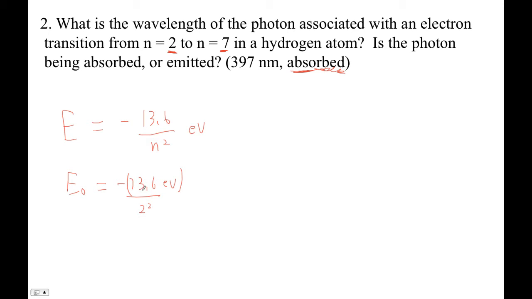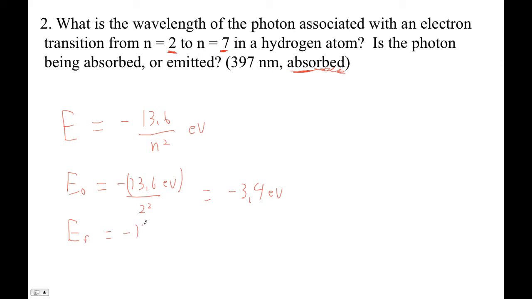You should look in the book because Jean Coley derives this. But for my part, I'm just simply going to use negative 13.6 divided by 2 squared, and that's negative 3.4 electron volts.